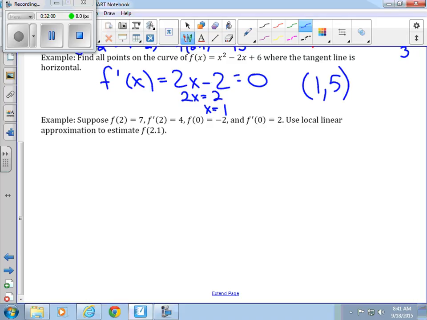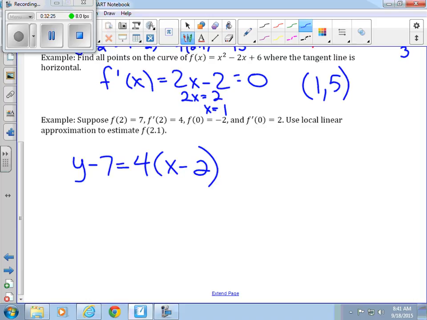What are the 3 things I need? X, y, and m. At 2, do I have the y value? What is it? 7. Do I have the m? 4. Do I have the x? So it gave me everything I needed to write the tangent line.